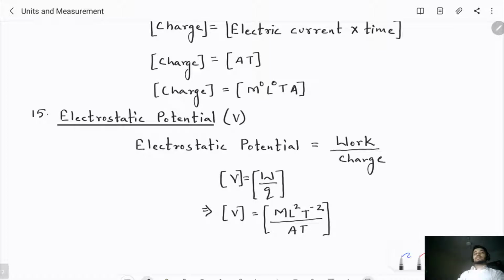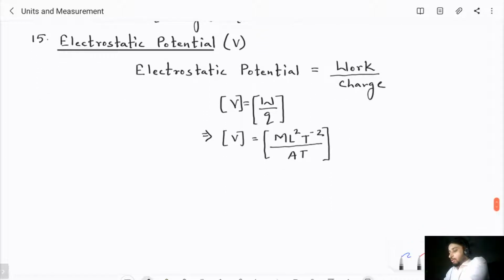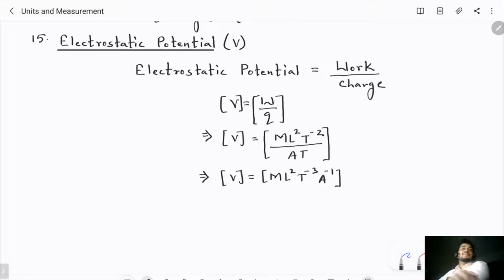So now you have to simplify this expression. Upon simplification we'll get dimensional formula for electrostatic potential as m L square T to the power minus 3 A to the power minus 1. Okay.